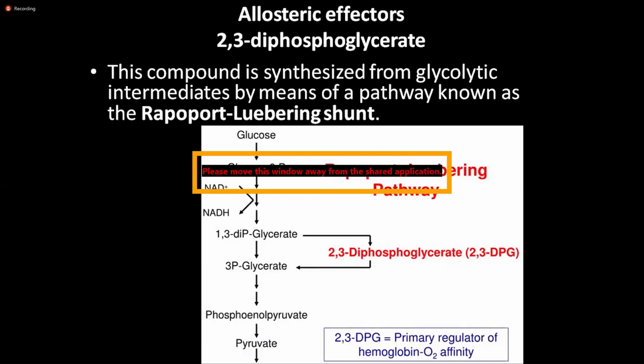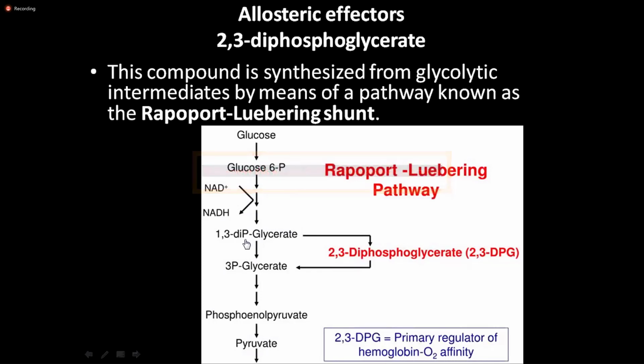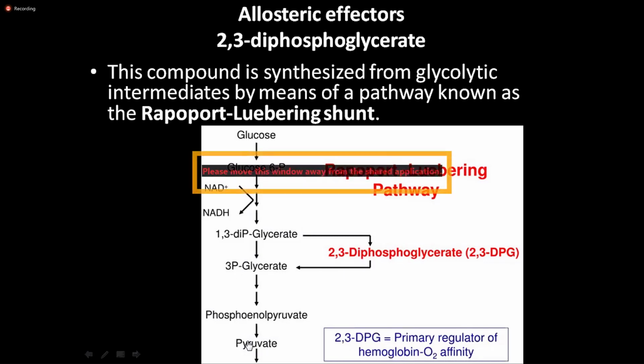For example, this is the glycolytic pathway, and through the same glycolytic pathway, 1,3-diphosphoglycerate is converted to 2,3-diphosphoglycerate. This compound can again generate 3-phosphoglycerate to enter the glycolytic pathway, or it is used as a substance in other important mechanisms.